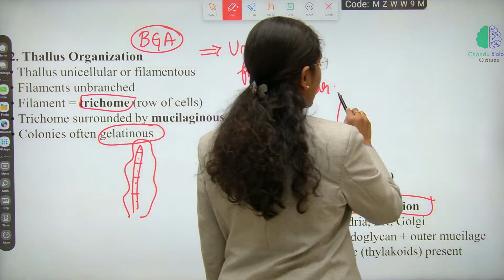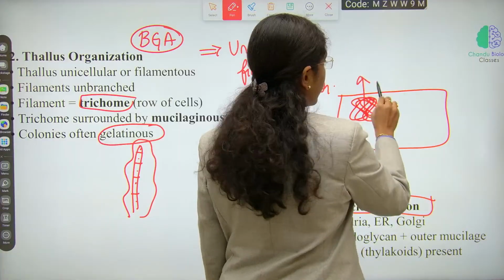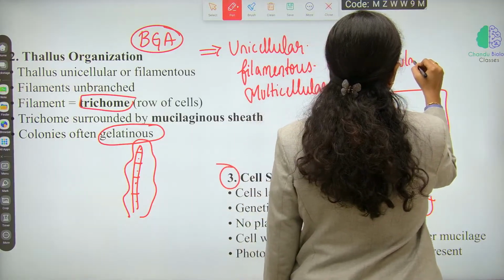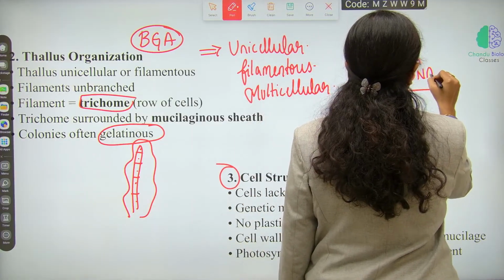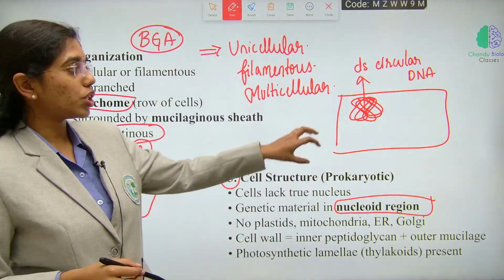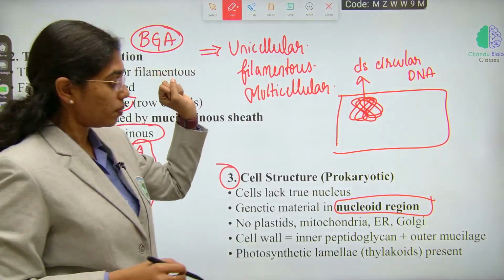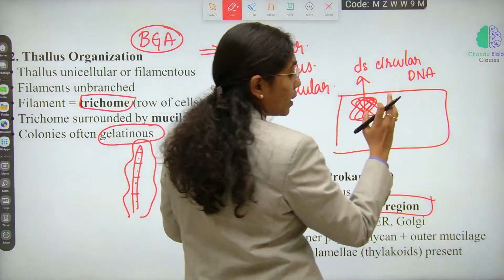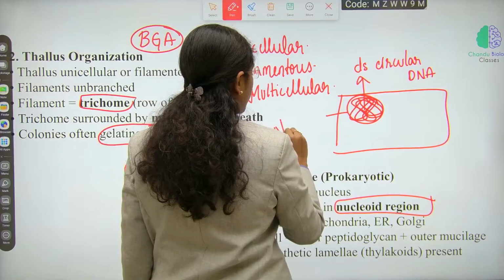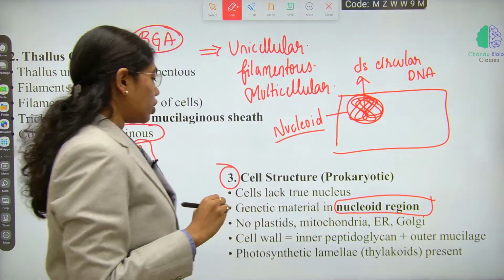Each cell has double stranded circular DNA, which is not covered by a double layered nuclear membrane. It is situated at one region of the cytoplasm, not scattered into the entire cytoplasm. This is the nucleoid region.